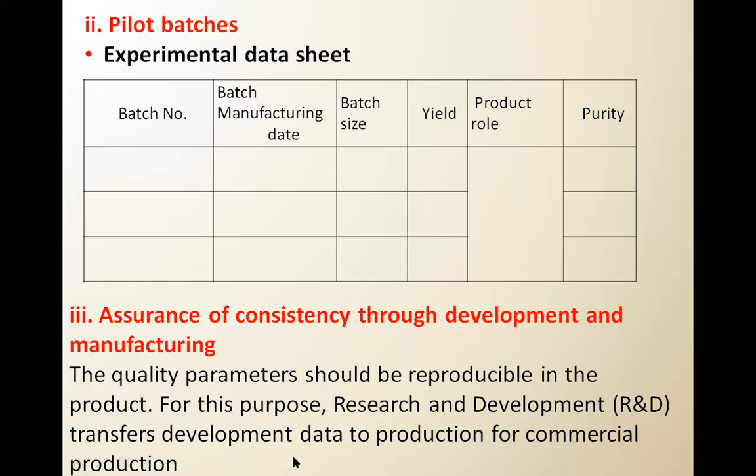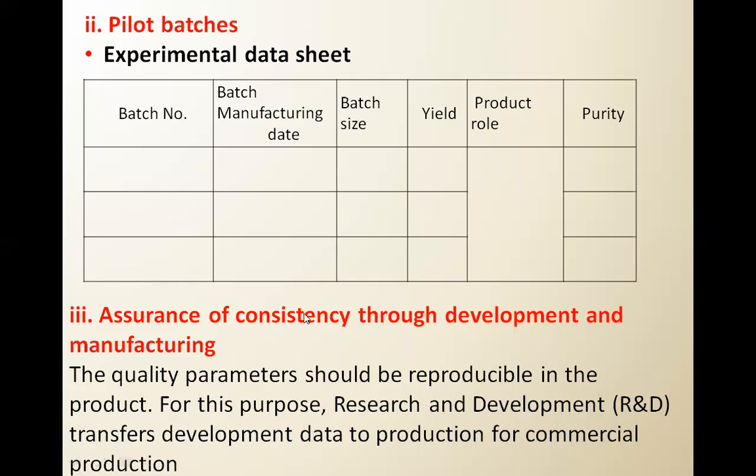So what we do here is reproduce that quality in the product. So it is called the assurance of consistency. We start developing and manufacturing till we get a product with a predetermined standard, and repeatedly we are getting that standard within that product. So this is the main role.